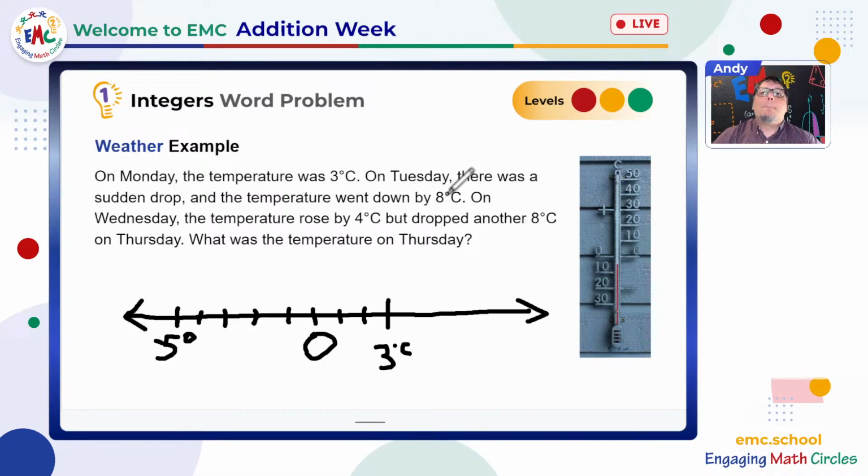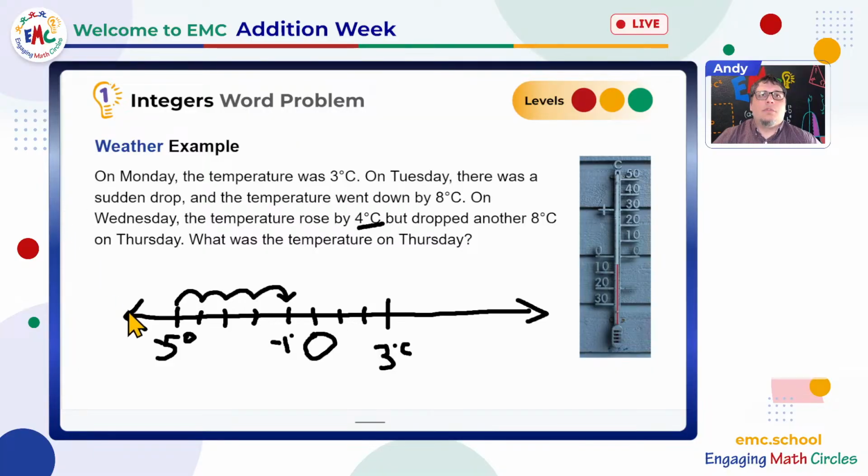Okay. On Wednesday, the temperature rose by 4. So we're at negative 5, we're going to go up 4. And that's the one before 0. Negative 1 degrees. But then Thursday dropped even more.